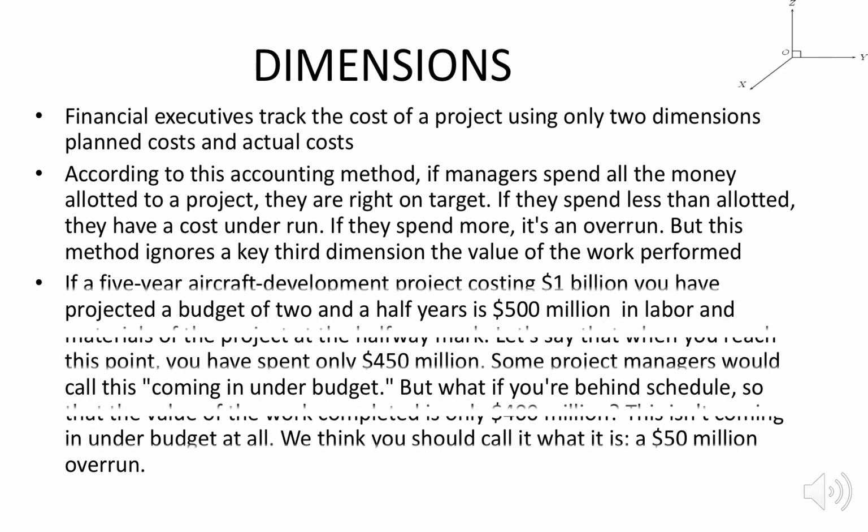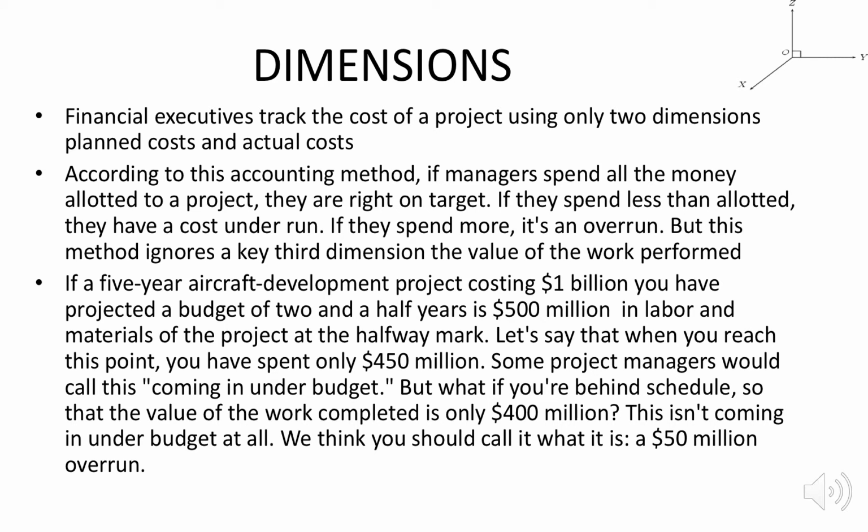See, if there is a 5 year aircraft development project costing 1 billion, then the budget for 2.5 years is 500 million, half of 1 billion. The planned cost is 500 million for 2.5 years.